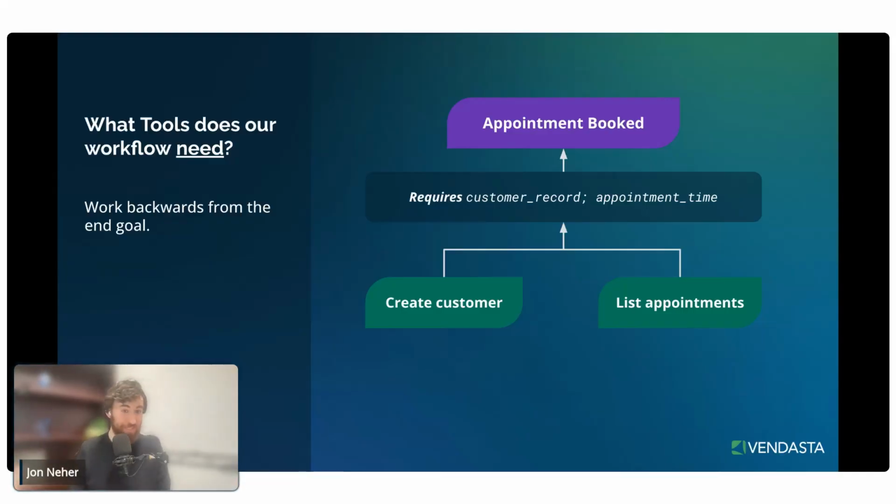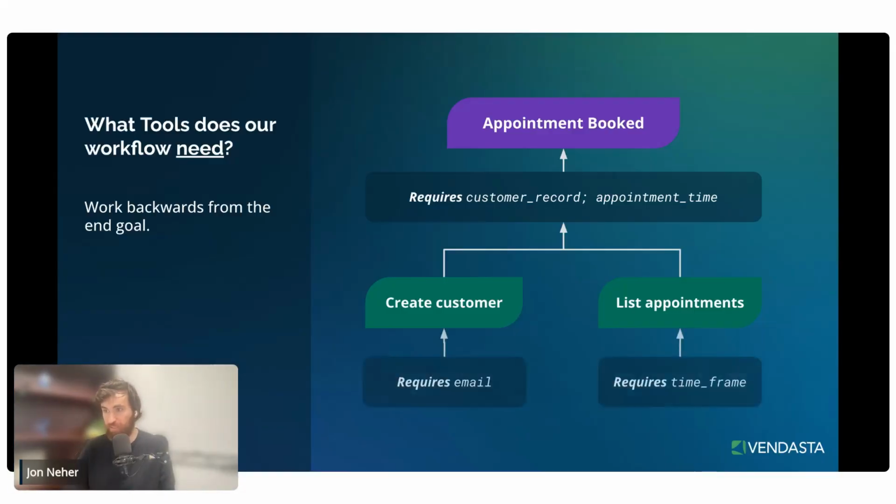But that might not even be sort of the end of the flow. There's probably requirements for creating a customer and requirements to list appointments. Like, for example, to create a customer, a lot of different systems need at least something like an email address. Or to figure out the appointments to list, you need to give the API a time frame and say, please look between Monday and Friday or something like that.